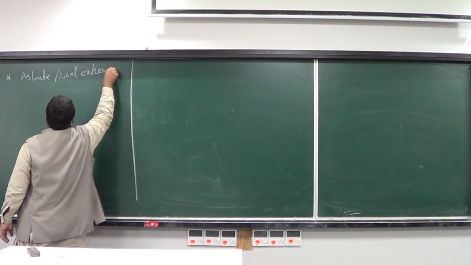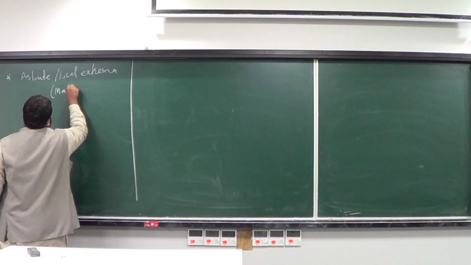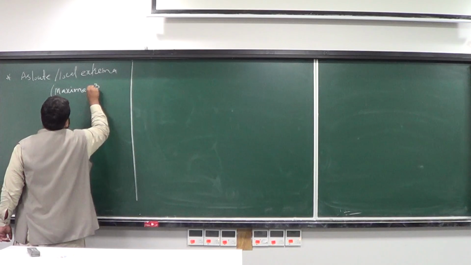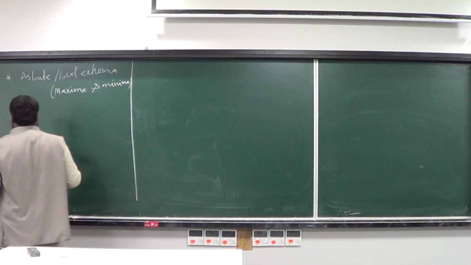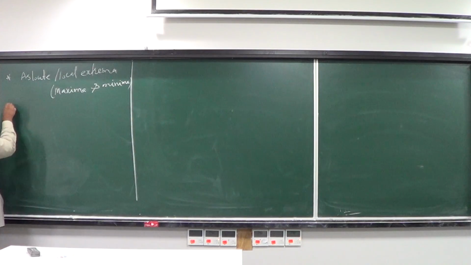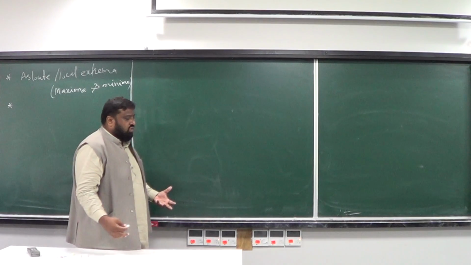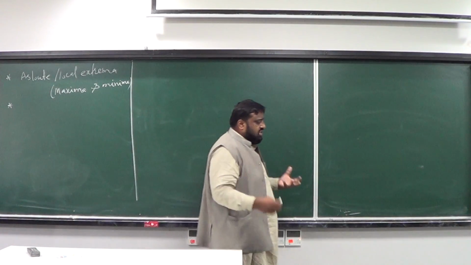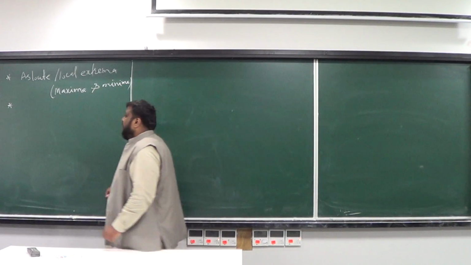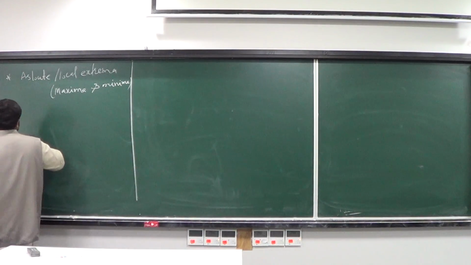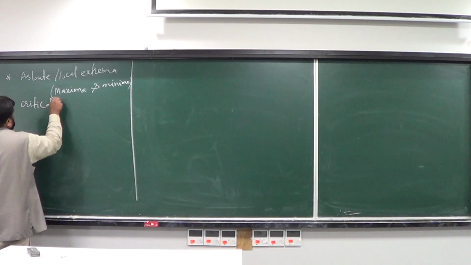By extrema I mean maxima and minima for a given function. Then we understood it intuitively, we wrote definitions based on intuitions, we did some examples, and then we discussed what we call critical points.